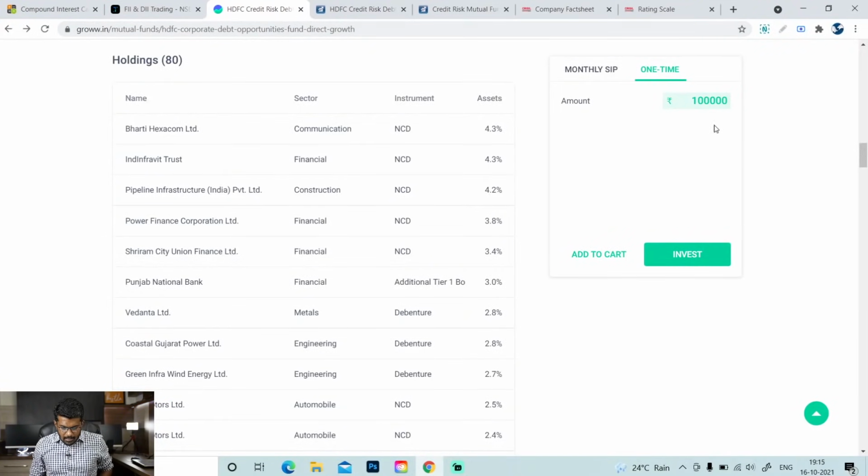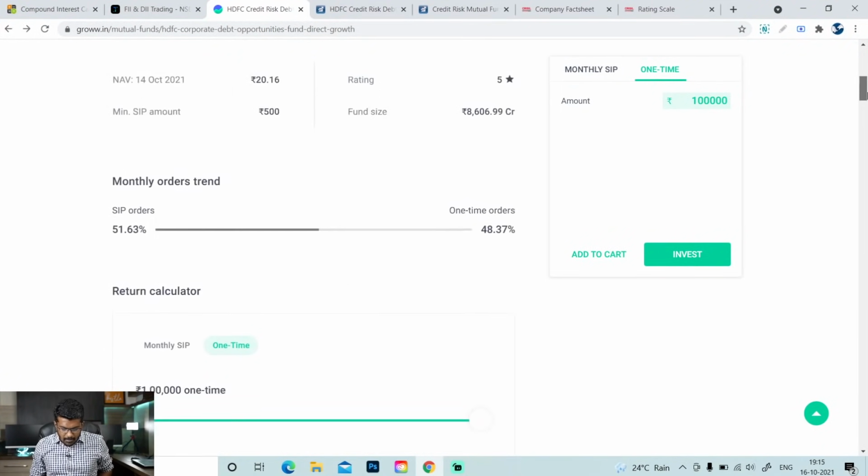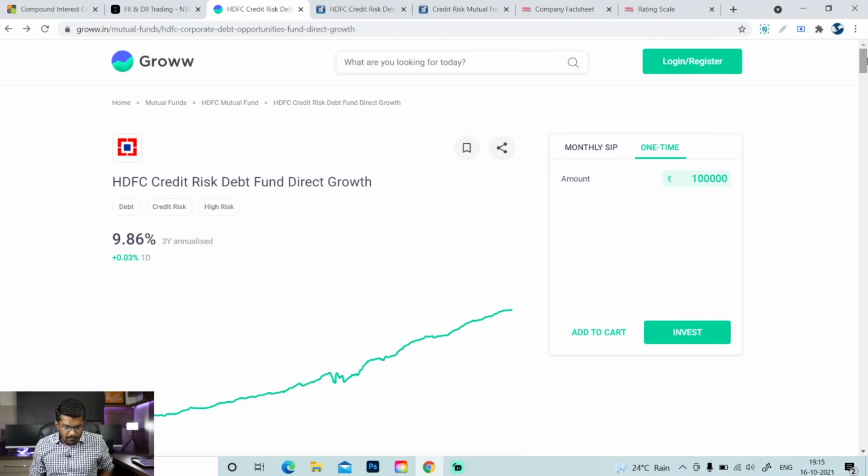Let's say, for example, there is a fund called, I'll show you, HDFC Credit Risk Debt Fund. Now this fund has given a return of around 9.86% per year. So that's almost 10% return. You are getting 100% more than what you get in the bank. You get FD returns of 5%, but in this fund you are getting 10% return.